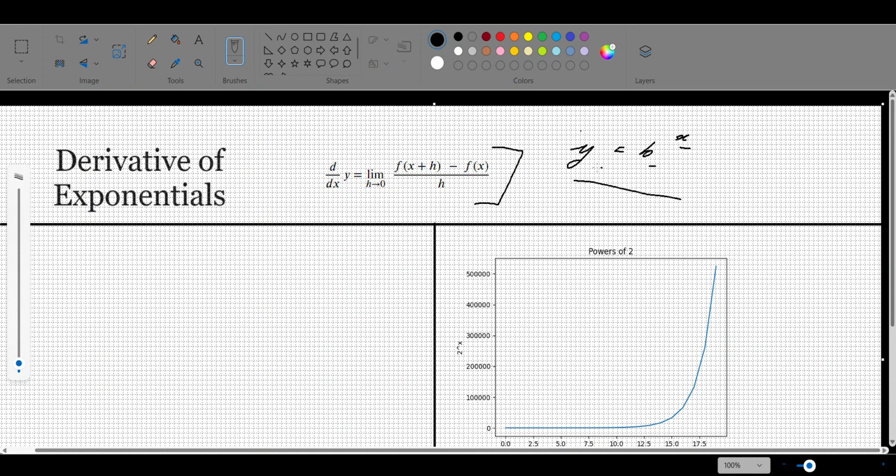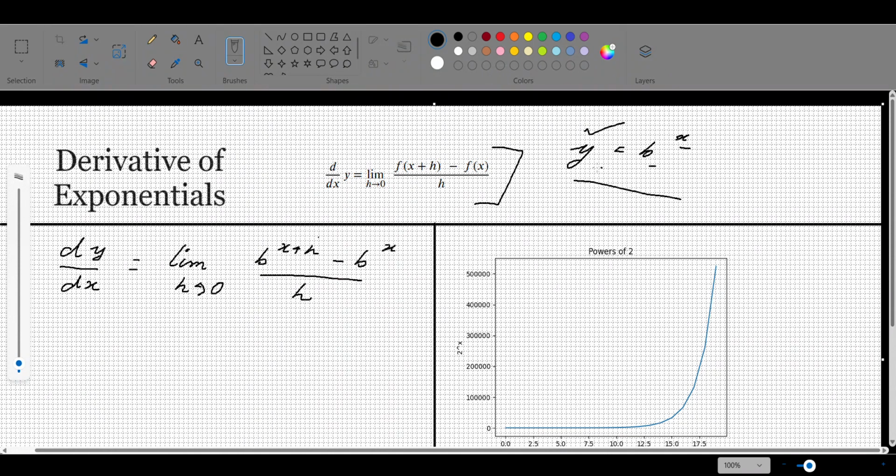Now, if you look over here, we can see that y is equal to b raised to x. This means that when we find the derivative of y, we could write it in this way. So dy by dx is equal to limit of h tends to 0 with b raised to x plus h minus b raised to x divided by h.